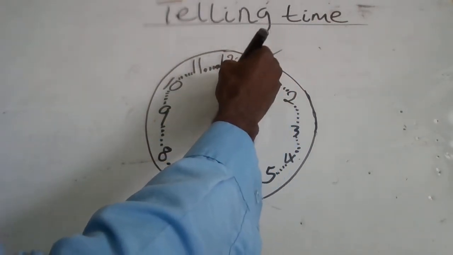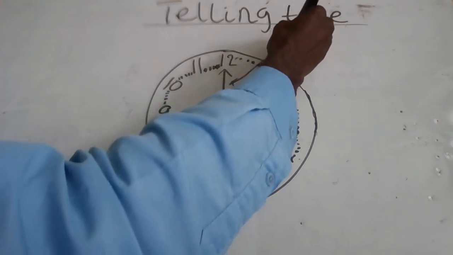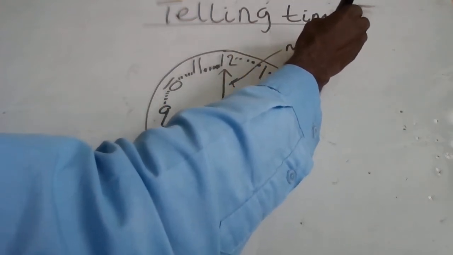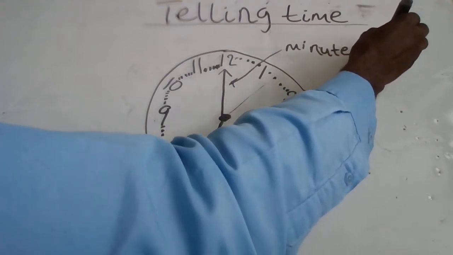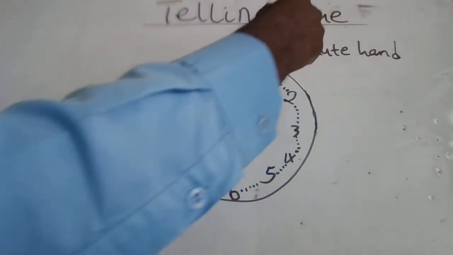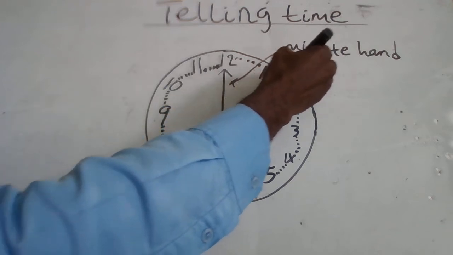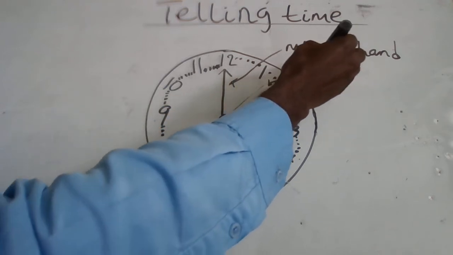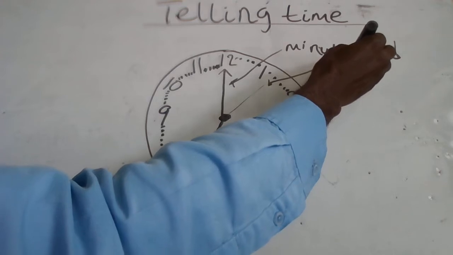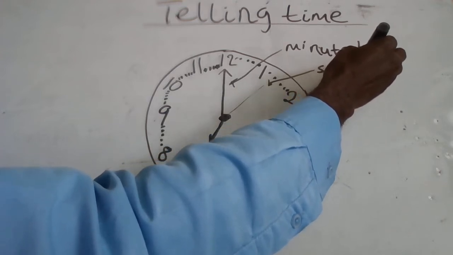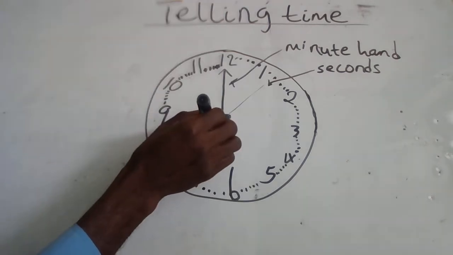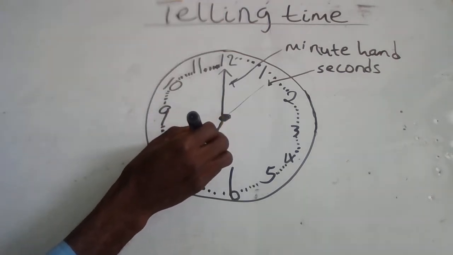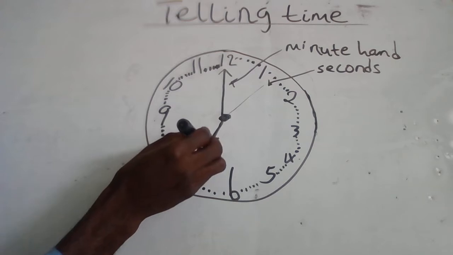This is the minute hand, and this is the seconds hand. Then the short hand here is the hour hand.